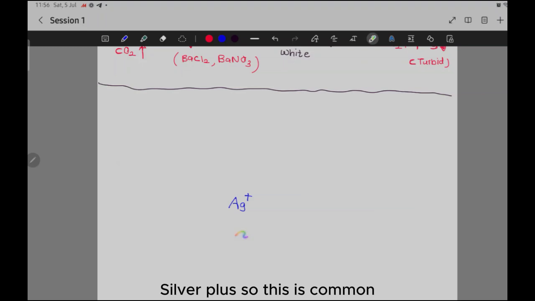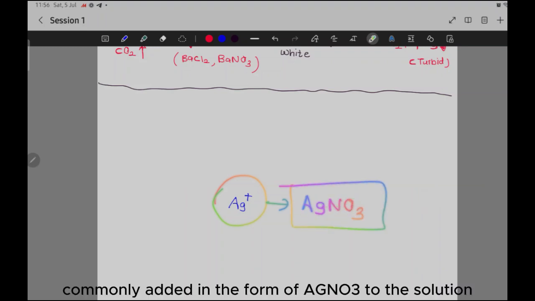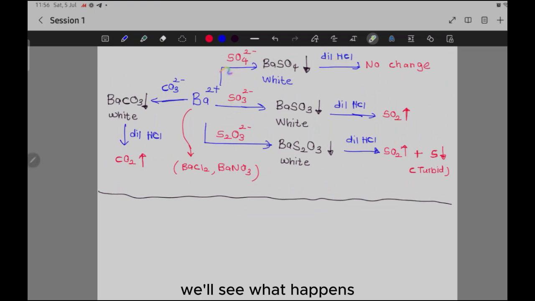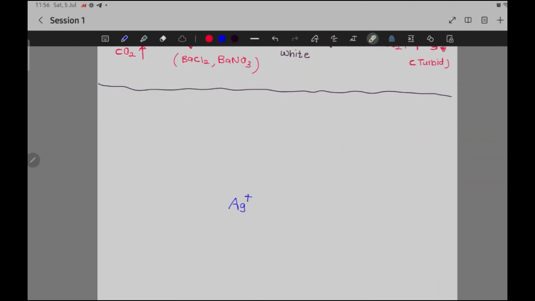This is commonly added to the solution in the form of silver nitrate, AgNO3. First we'll see what happens when Ag plus is added to these ions.